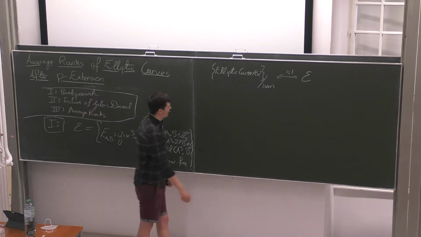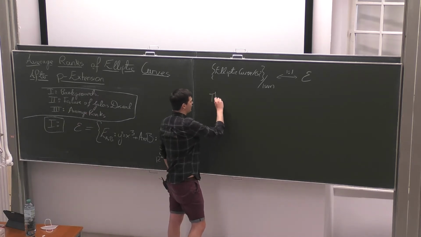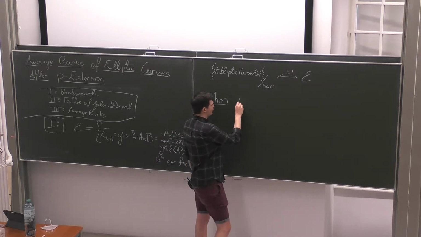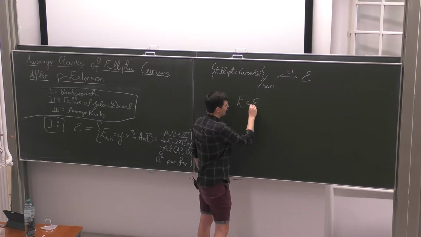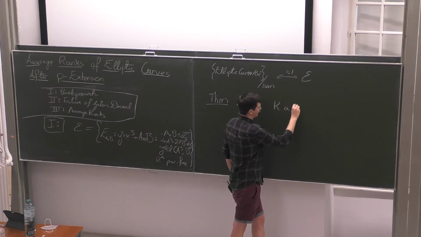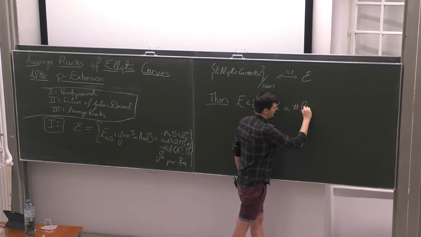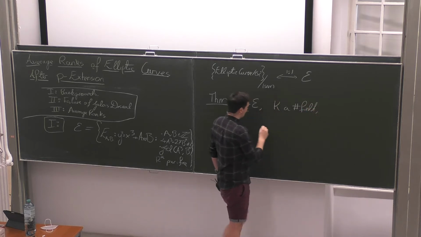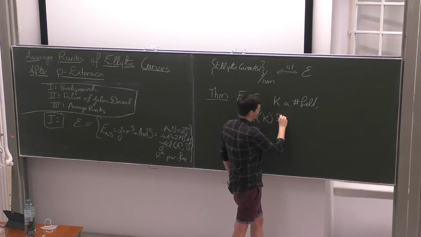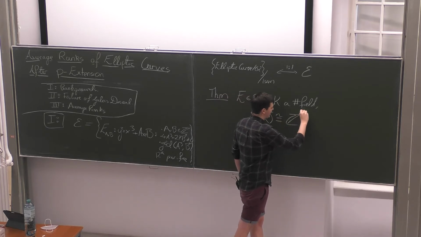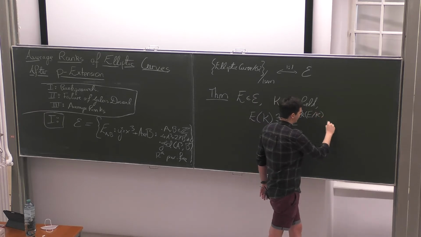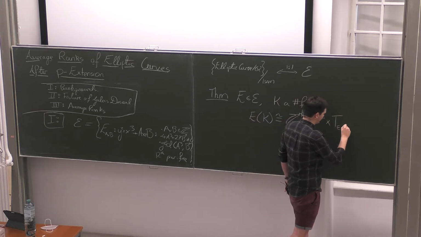I probably don't need to repeat this, but I do need the notation. So we have the theorem of Mordell and Weil, which for our curves of interest today says that for one such curve E and a number field k, the set of k points is of course a finitely generated abelian group. So you have some infinite rank component here and then some torsion subgroup.